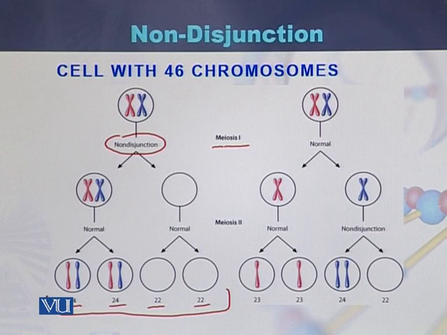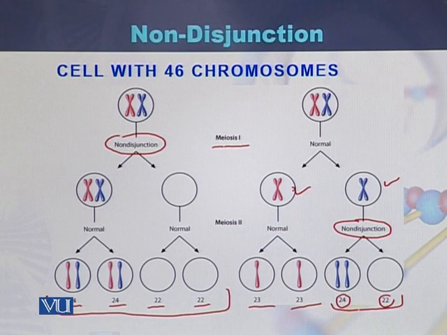On the other hand, if the first meiosis is the normal one, where the chromosomes segregate, one chromosome is in this cell and the second chromosome is here, and there is non-disjunction during meiosis 2, in this case this cell will have 23 chromosomes, while because of non-disjunction during meiosis 2, this cell has 24 chromosomes and this cell has 22 chromosomes.